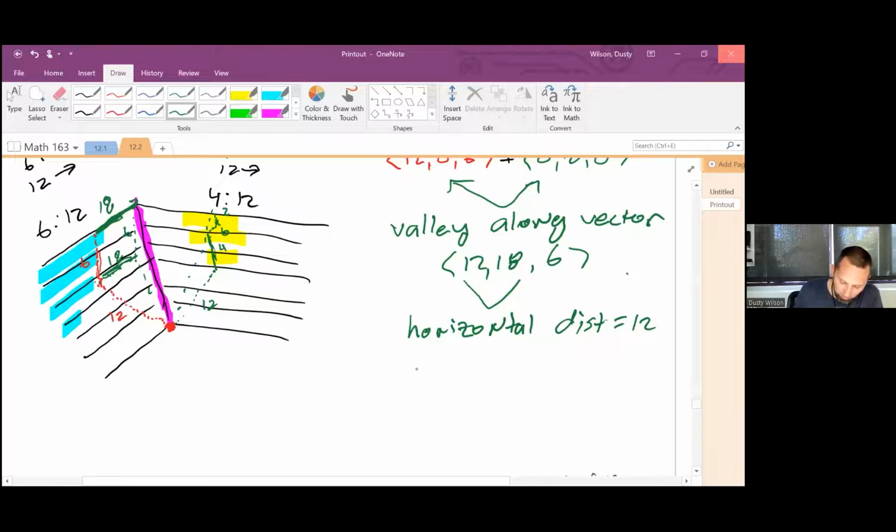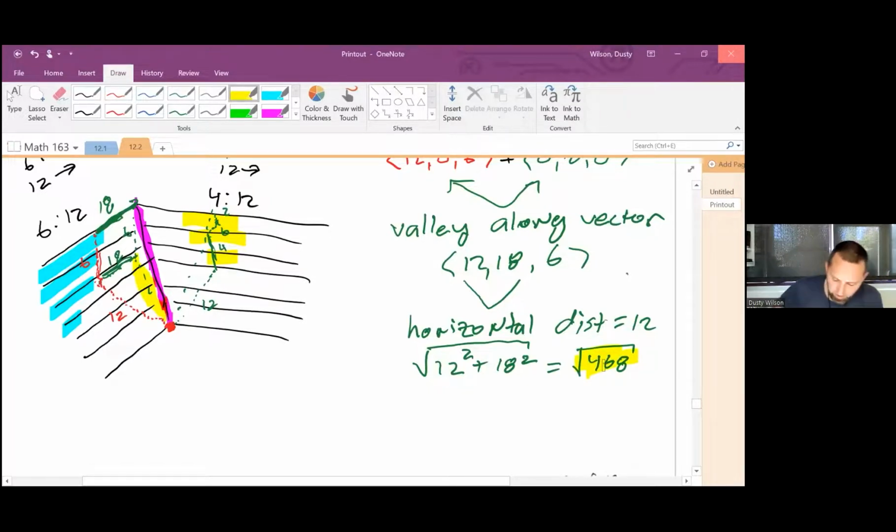And that would be the total distance of 12 squared plus 18 squared. That'd be the square root of 144 plus 324, or the square root of 468. This is how far we've traveled, like this distance right here.